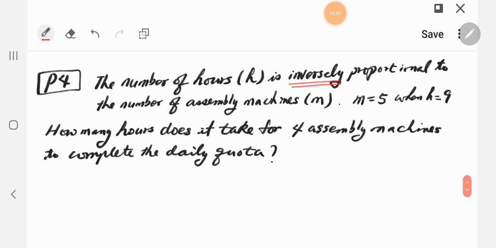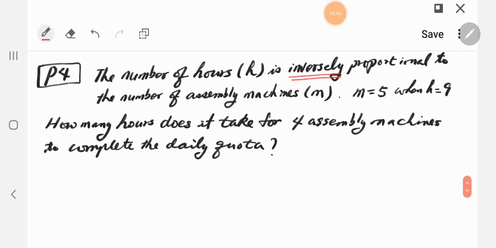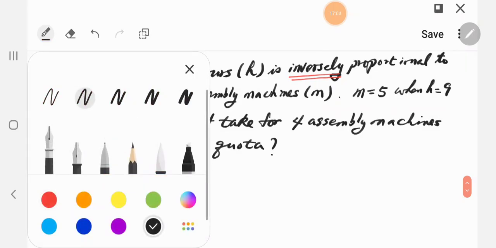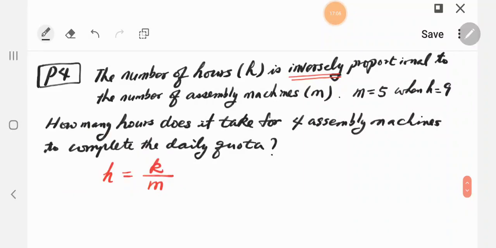So we can write an inverse variation: H is equal to K divided by the number of assembly machines M. Let's find the constant of variation.